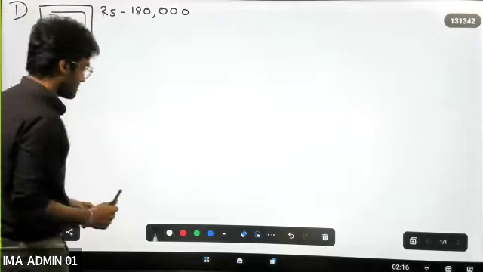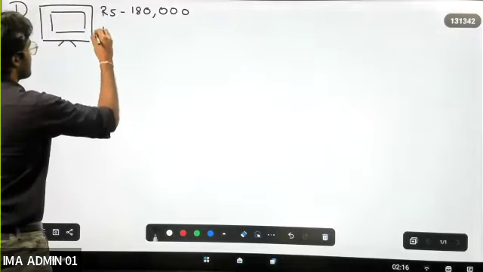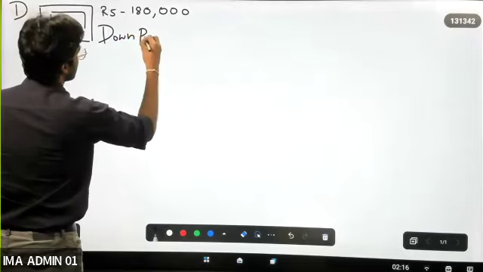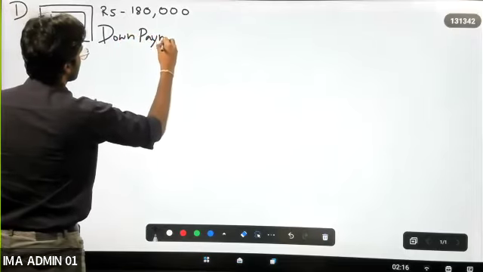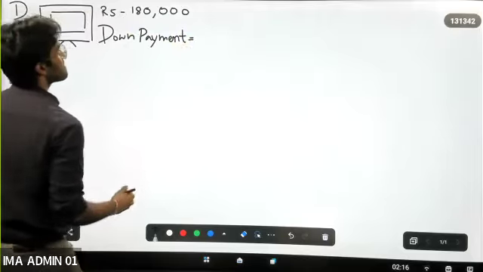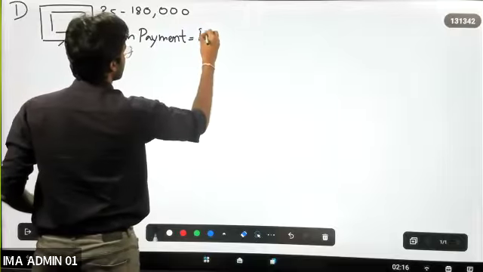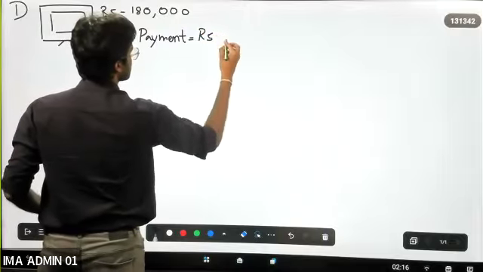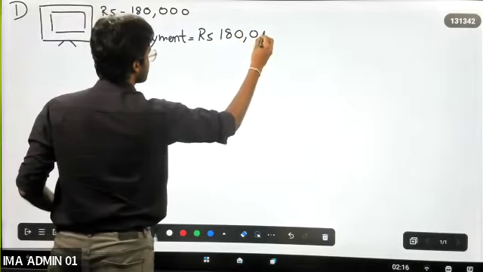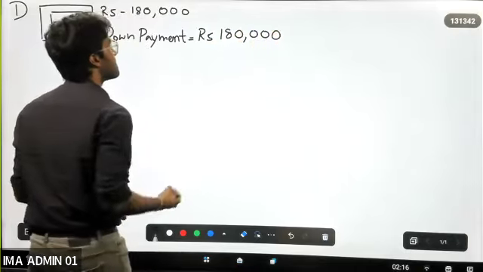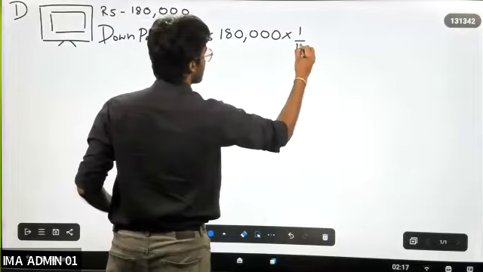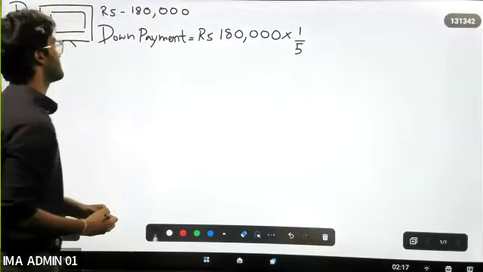So we can calculate the down payment straight away. The down payment is how much? Rupees 180,000, and out of that, 1/5 amount.